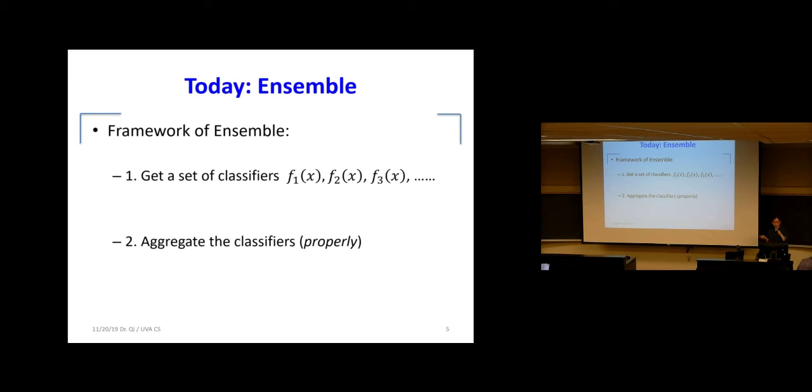You have base classifiers, which you can name or index F1(x), F2(x), until we normally write FB(x). And then the second stage is how do you aggregate, how do you blend all those different base classifiers together. Almost all ensemble approaches follow this framework.